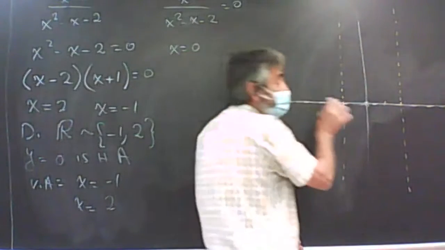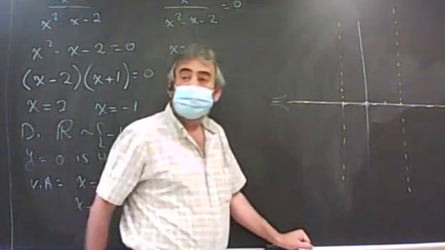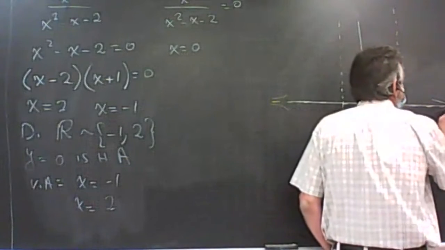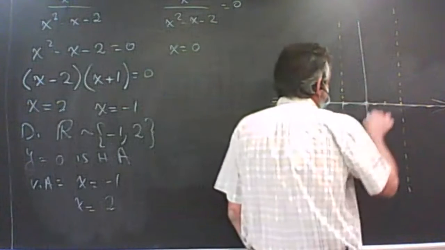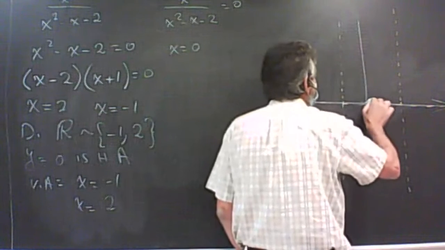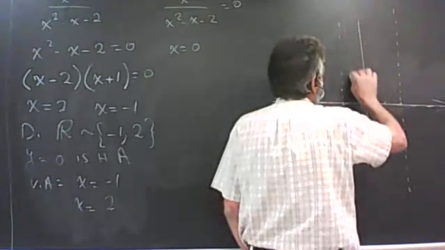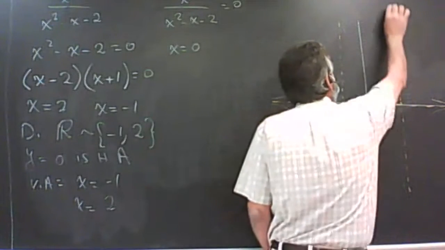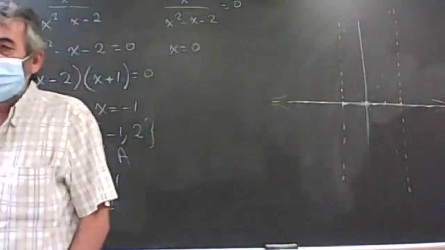But it doesn't over here, and it doesn't over here. So on this side, the graph is going to come this way or that way, yeah? On this side, it's going to come this way or that way, yeah? In the middle, because it's going to cross that, you have a whole lot of options. It could come this way and go up, it could come this way and continue, it could come from here and go down. And we'll figure those out in just a second. Okay?